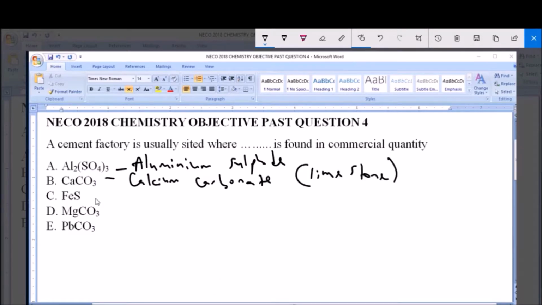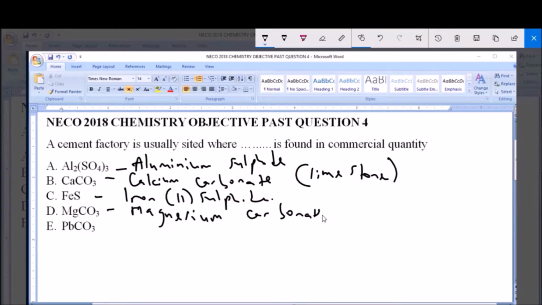C, FeS, iron(II) sulfide. D, MgCO3, magnesium carbonate. E, PbCO3, lead(II) carbonate.